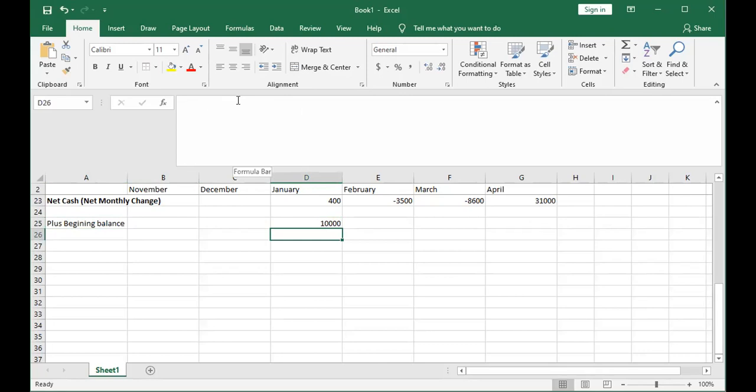Then you have to minus the interest. There is no interest payment, therefore in January it is 0.